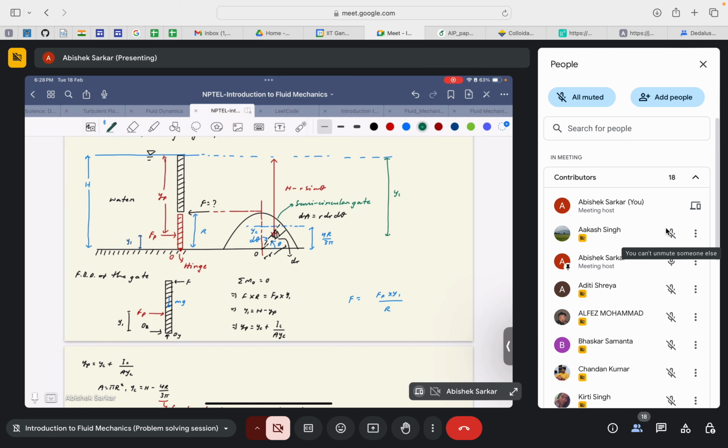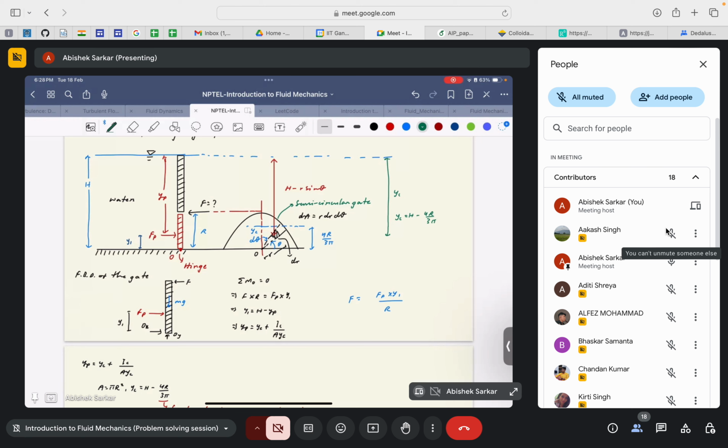Then Yc would be at a distance of h minus 4r by 3 pi. I hope this part is clear, how Yc is h minus 4r by 3 pi.